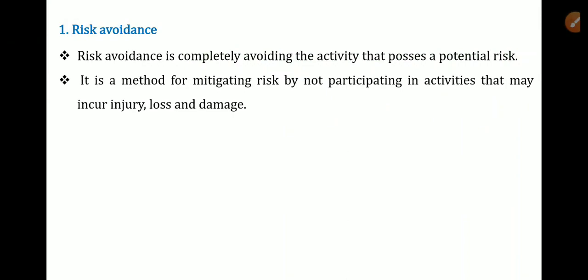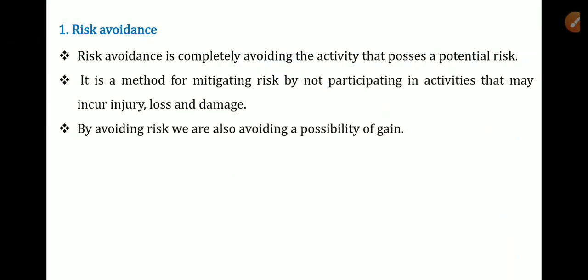So it is one method to mitigate the risk involved in activities. By not participating in activities that may lead to an injury, a loss, or a damage, that activity is fully avoided to mitigate the risk.